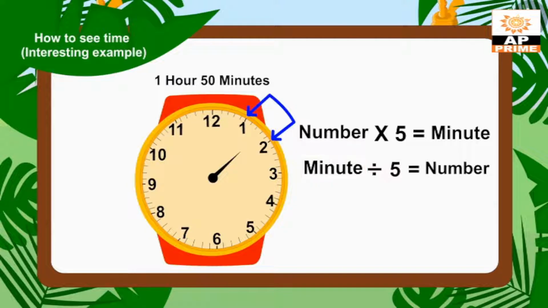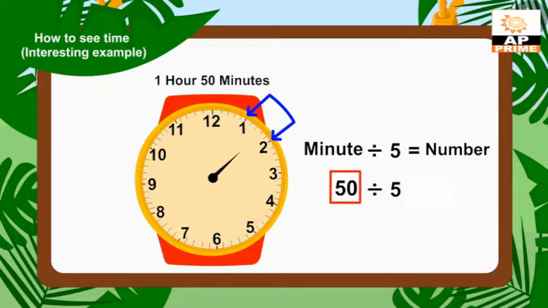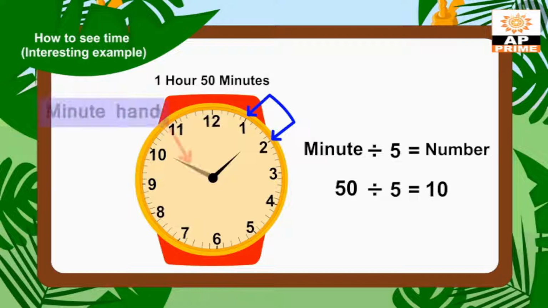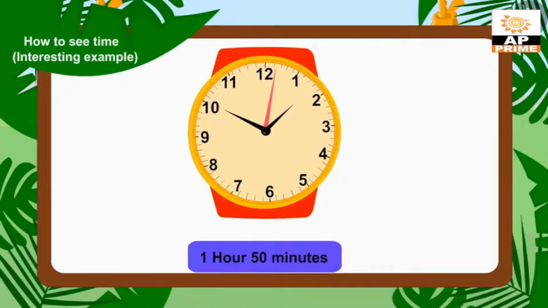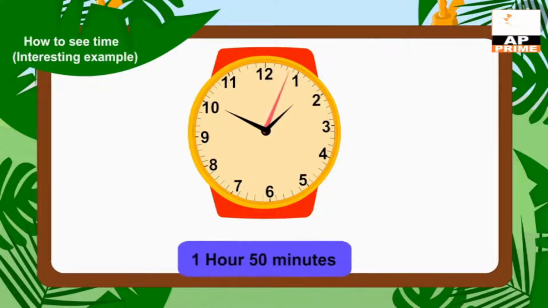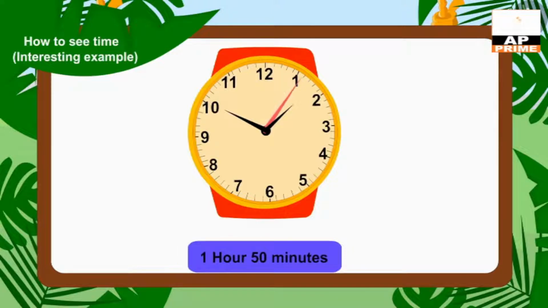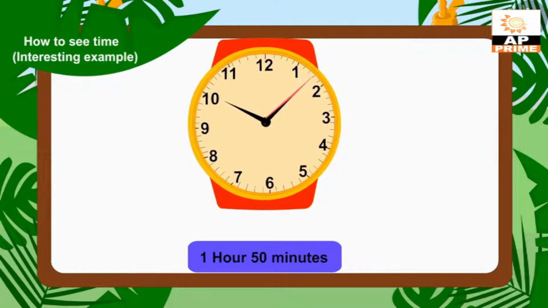That is, minutes divided by 5. So, 50 divided by 5. How many does that make? Exactly, 10. Therefore, the minute needle will be on the number 10. In this way, we can show 1 hour 50 minutes.